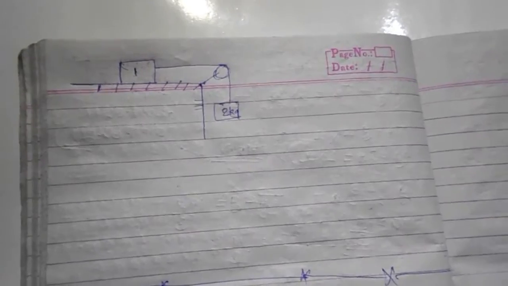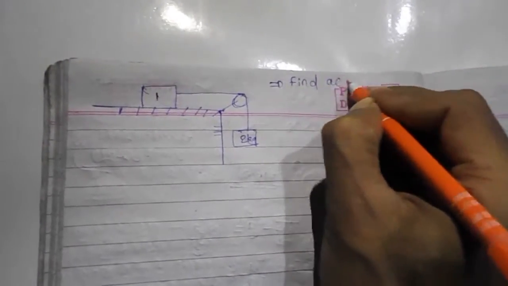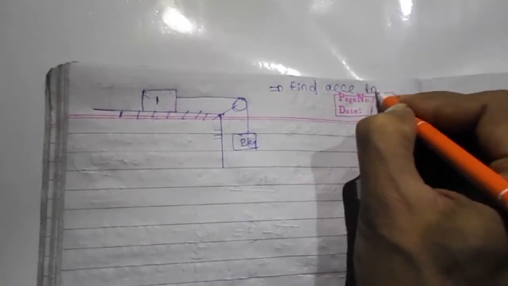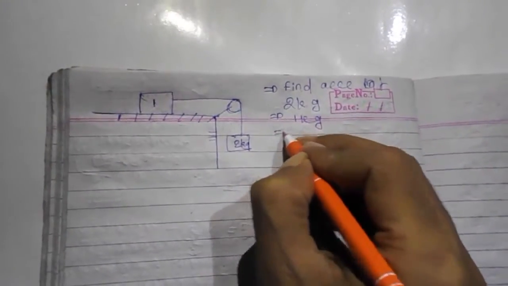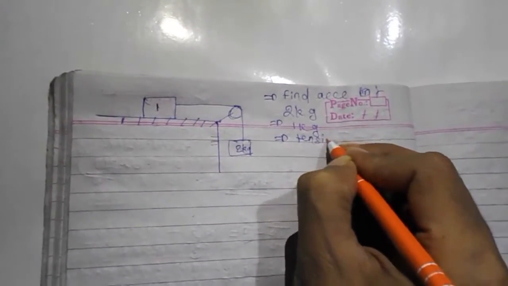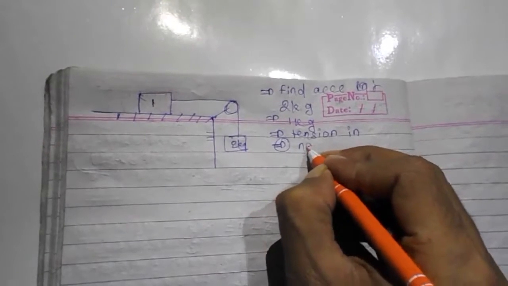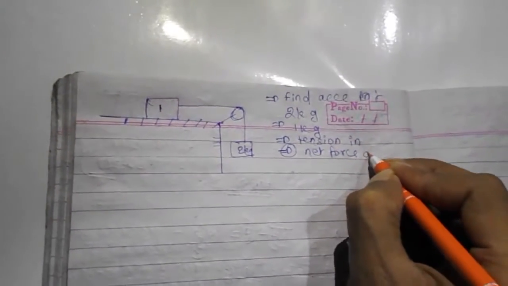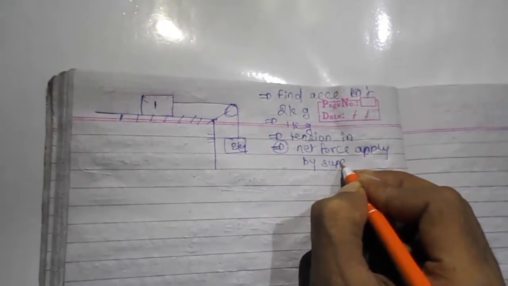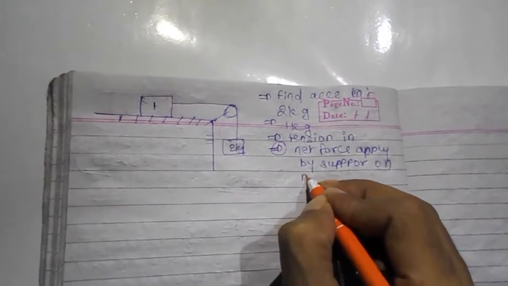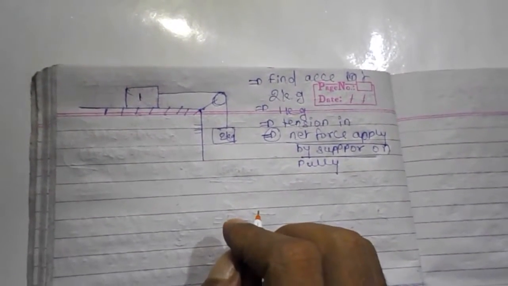So the question here is: find first, the acceleration of the 2 kg block; second, the 1 kg block; third, the tension in the string; and fourth, the net force applied by the support on the pulley.